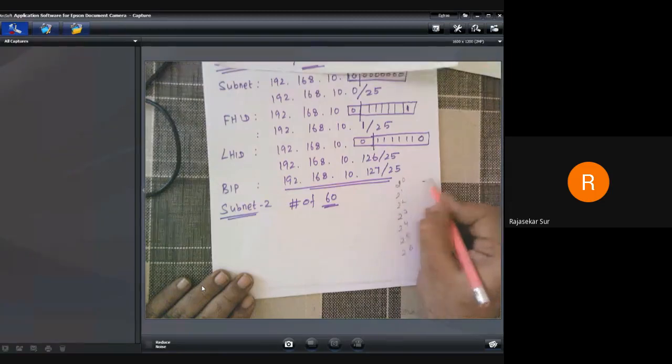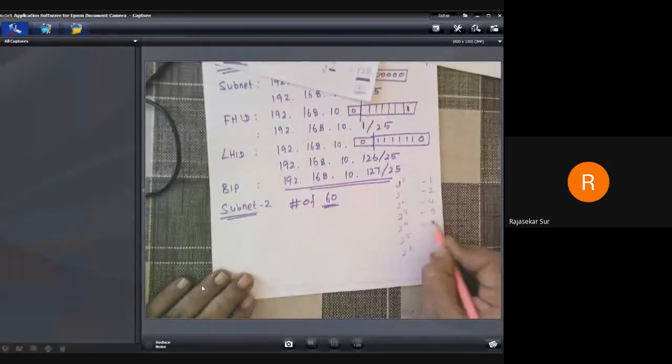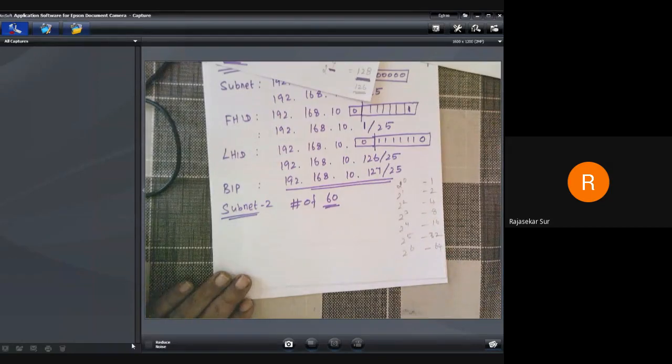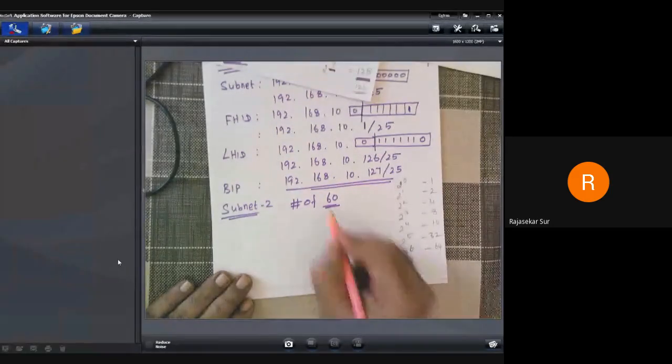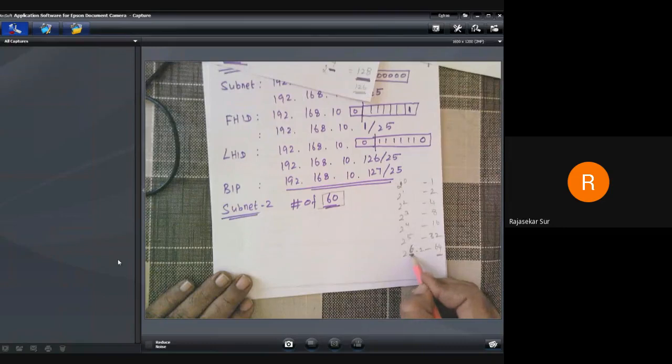So here 1, 2, 4, 8, 16, 32, 64. Now how many hosts do we need? We need 60 hosts. So 64 is there. Minus 2 also no problem. 62 we can take. So that means 6 bits we need in the host.